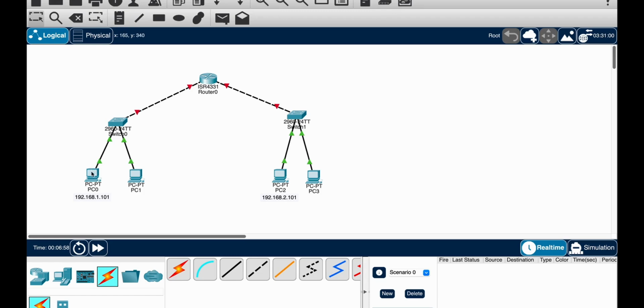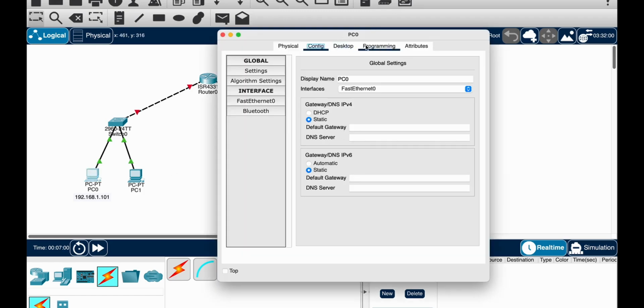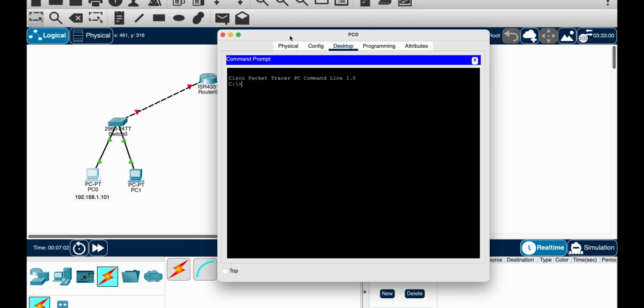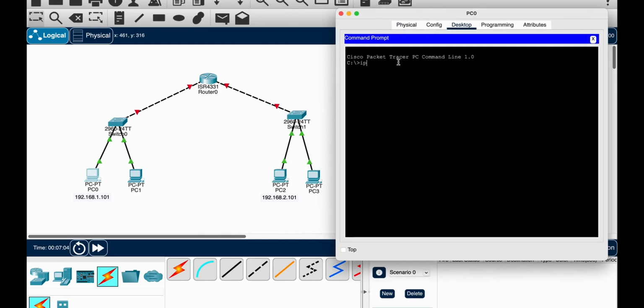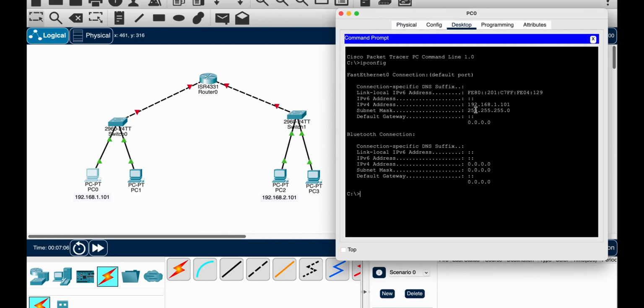Let's go ahead and just verify that we cannot communicate with the device. So let's go over here and say, first of all, ipconfig. So yes, our IP address is 192.168.1.101. Our gateway is not set at the moment. We'll see that in just a minute. Let's go ahead and ping 192.168.2.101.